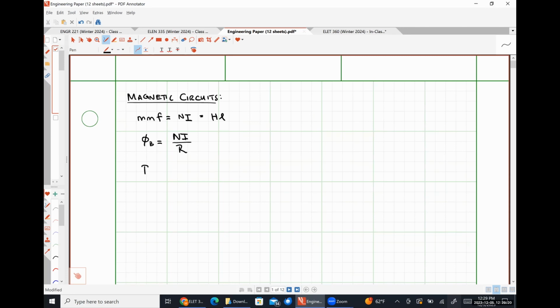And we defined the reluctance of our core to be equal to L, the average flux path, divided by A, the cross-sectional area of our core, multiplied by mu, the permeability of our core. So we are going to use these relationships to develop an equivalent magnetic circuit, which does not require complex calculus for us to solve.